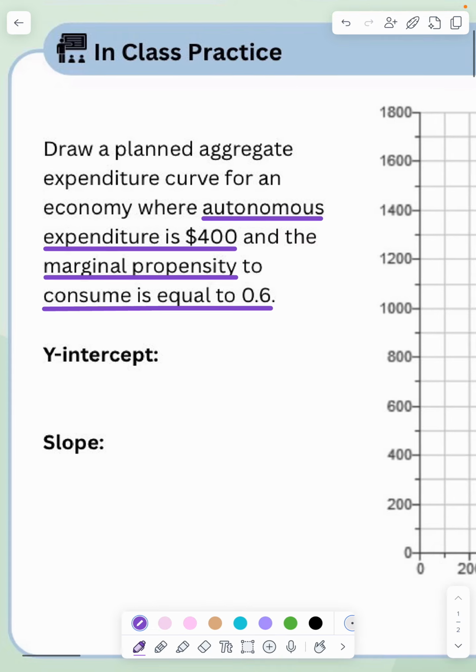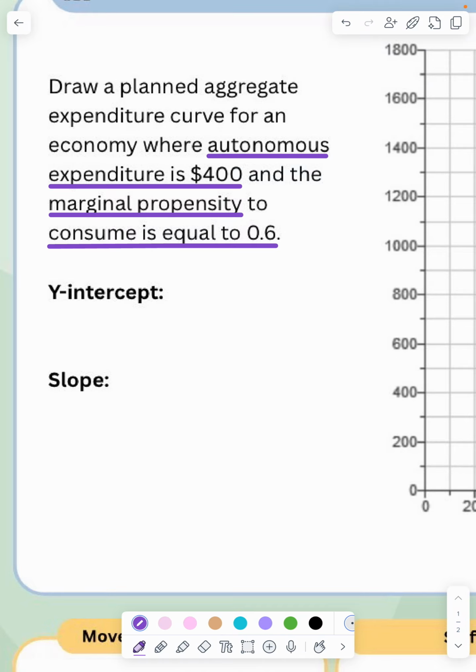Okay, so first we're going to talk about the y-intercept and also the slope at the same time. So as we know, PAE equals A plus B times Y. So now we can fill in those blanks.